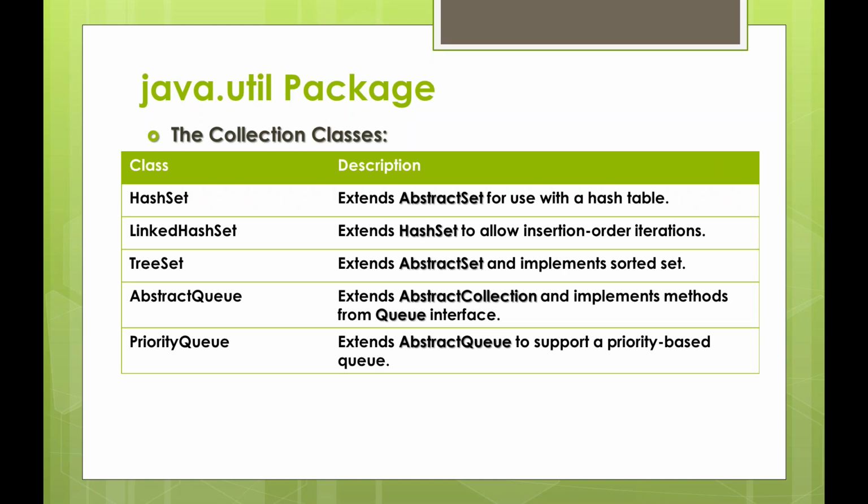In the same order, you can iterate over it. We will see those things. And TreeSet implements AbstractSet, but it stores elements in sorted order, in ascending order.